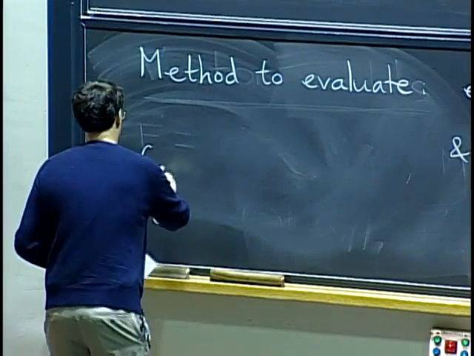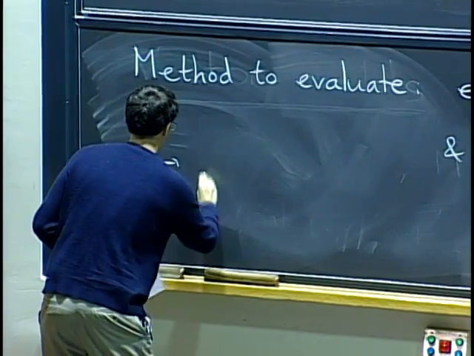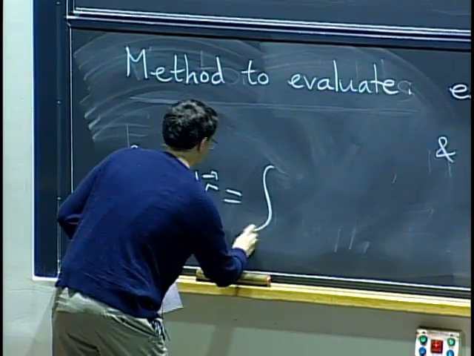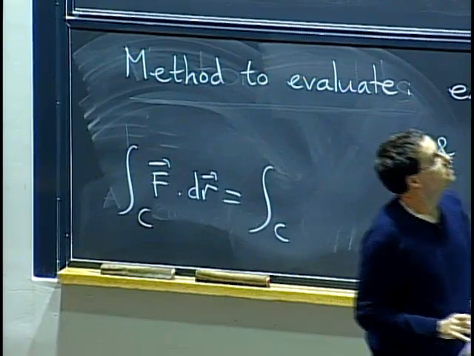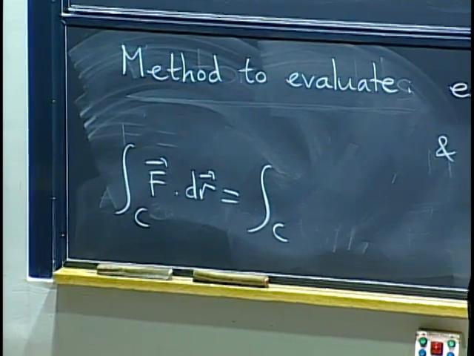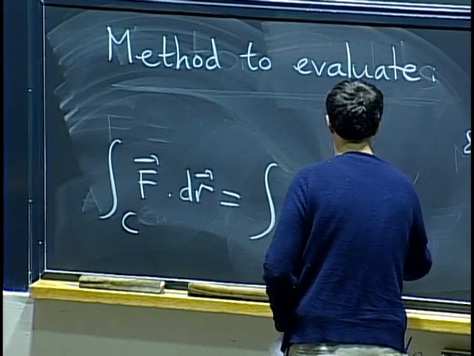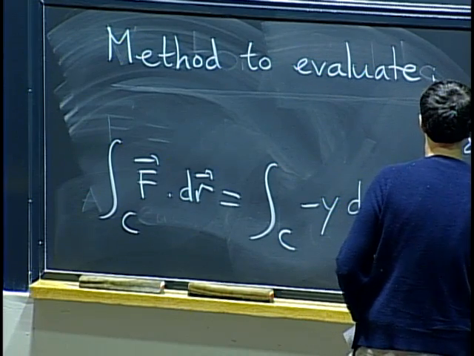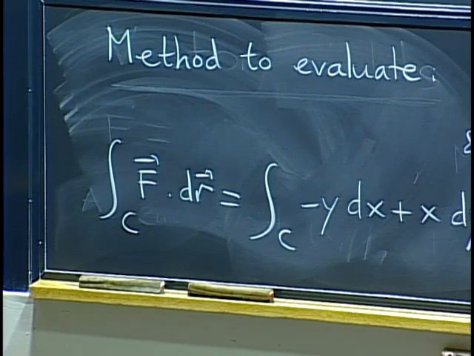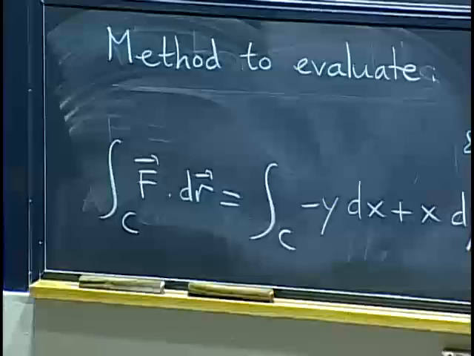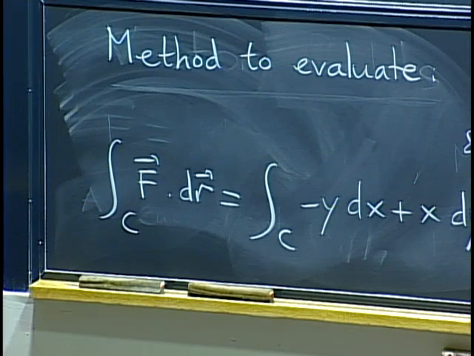In that example that we had, our vector field F was negative y comma x. So what we're integrating is negative y dx plus x dy. And if we have just this, we don't know how to integrate that. You could try to come up with something like a negative xy or something like that, but that actually doesn't make sense.